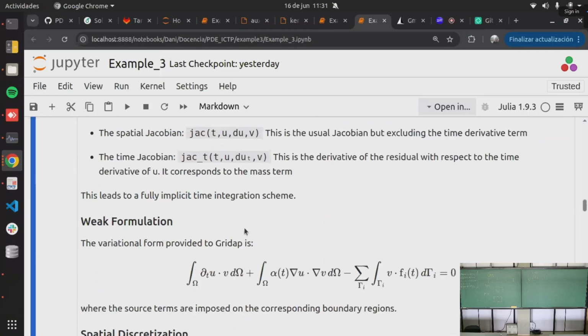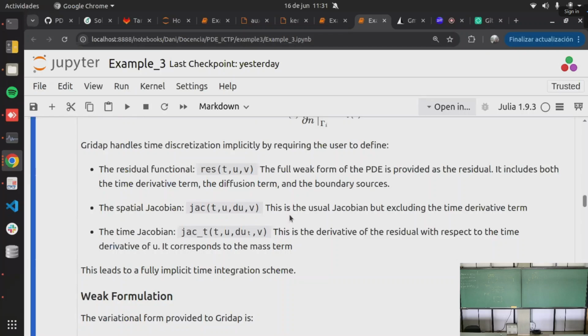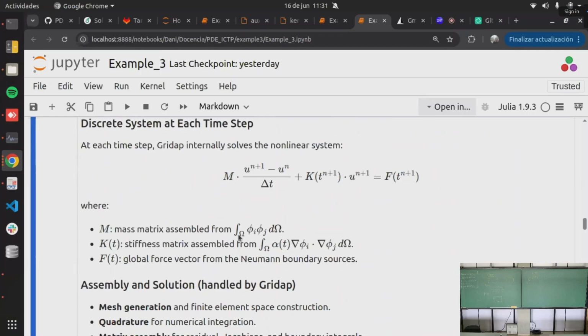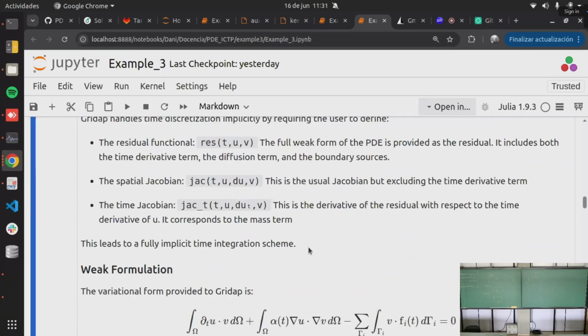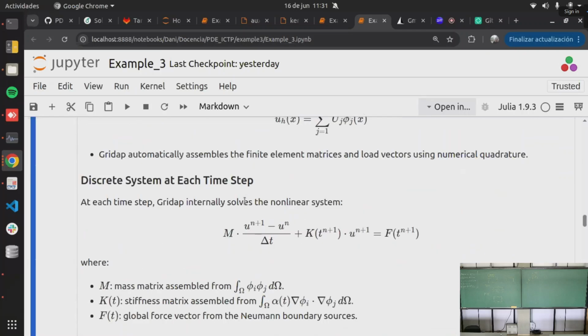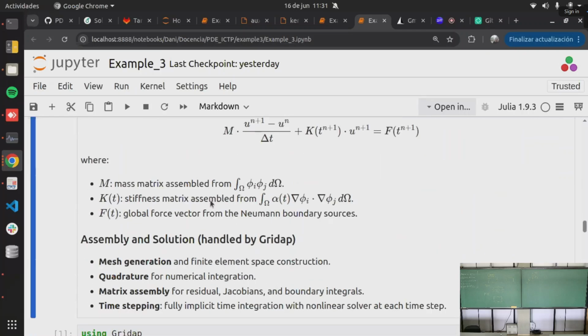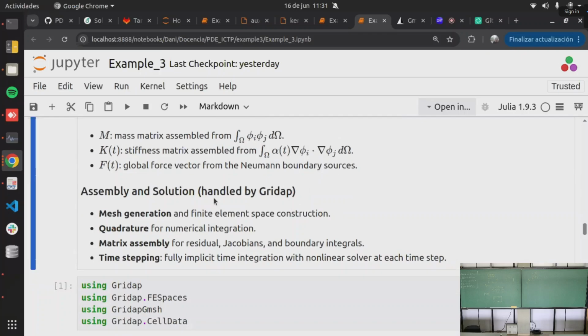That will be our time Jacobian. K is the stiffness matrix, that will have all the information with the spatial Jacobian. And after that, the global term of the boundary, the Neumann boundary sources. So Gridap assembles and finds the solution. We only have to define these matrices.